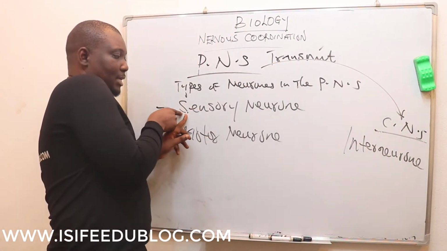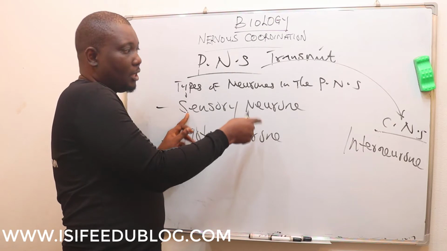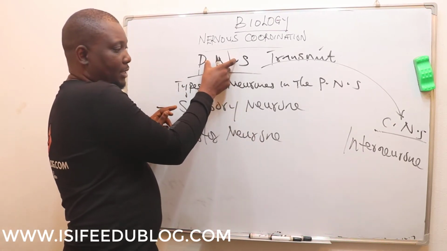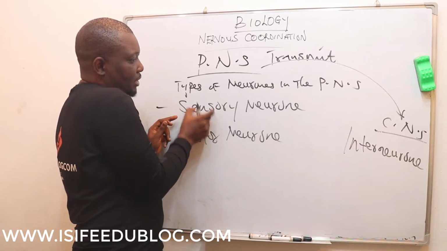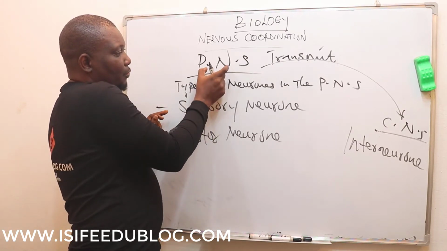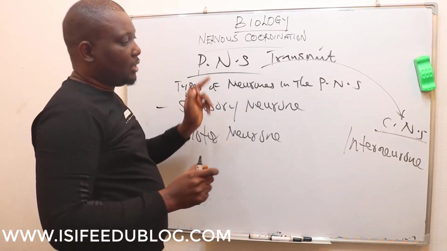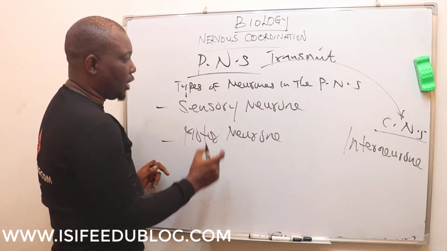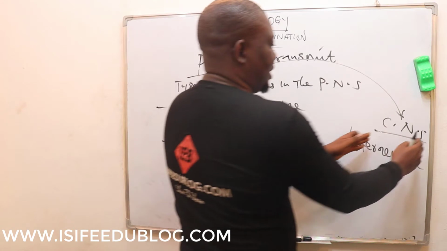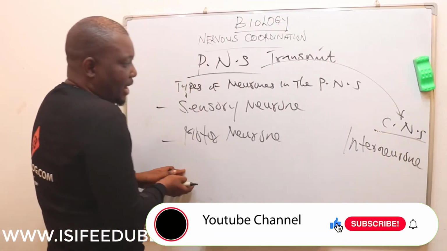CNS. That is the sensory neuron. They are part of the PNS, but they move impulses from the PNS to the CNS, while the motor neuron begins its work from the CNS and then extends to the PNS.